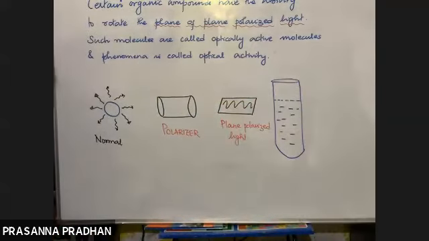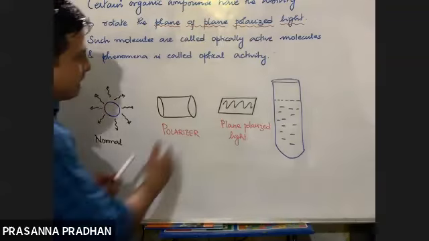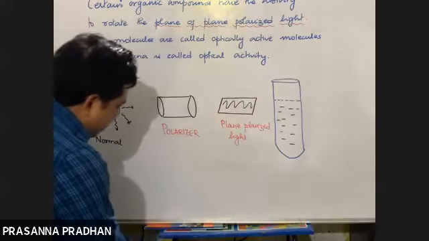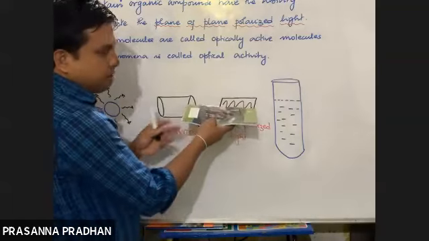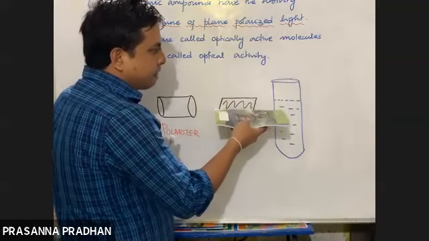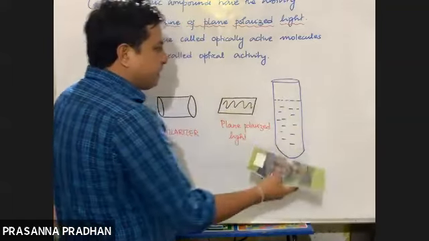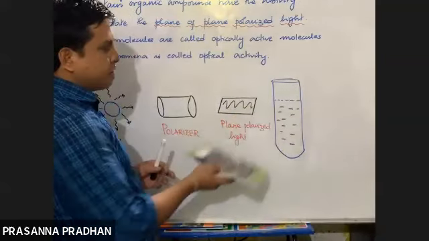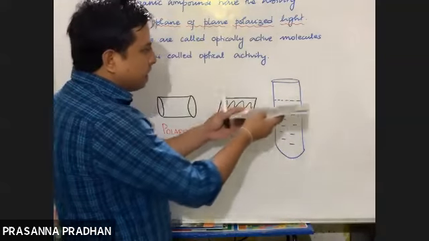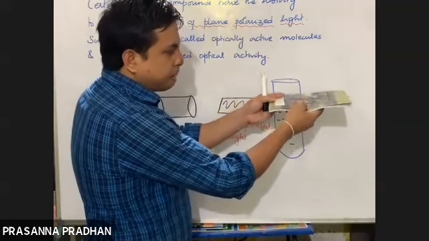But when plane polarized light is passed through a solution of certain organic compounds, this plane polarized light, which was going in this direction, we expect to come out of the tube in the same direction. But what happens? These organic compounds, which are optically active, rotate the plane of plane polarized light like this.